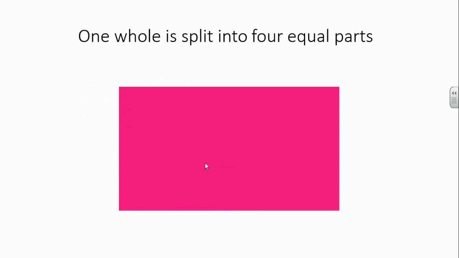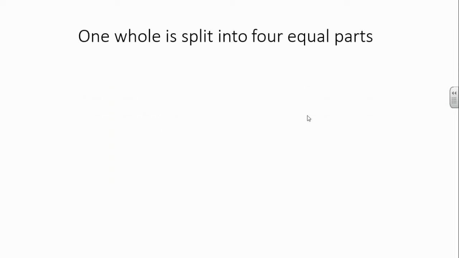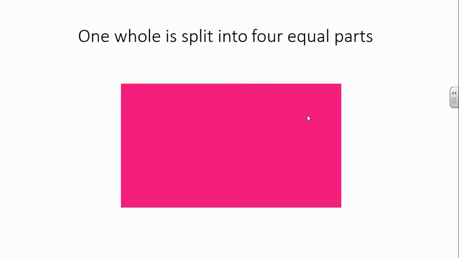Now this can be split into 4 equal parts, but this time round I'm drawing vertical lines. So I've drawn 3 vertical lines. Let's see if it's been split into 4 equal parts. Let's count together. 1, 2, 3, 4. One whole is split into 4 equal parts.